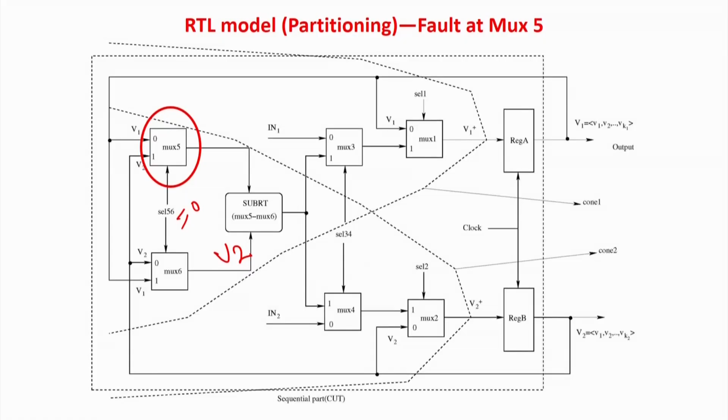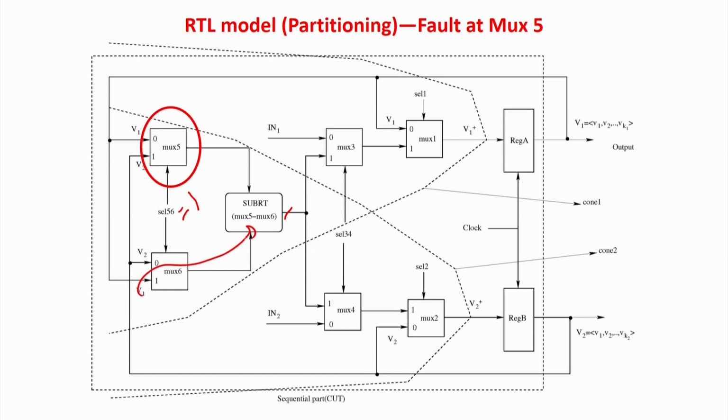Anyway, so 0 here means V1 will come as the output. Here what is going to happen? Here V1 should come, but because of the fault there is a crisscross, and this is going to come out as V2. So the answer will be V2 minus V2, which is equal to 0. That is the effect of the fault. Now if I take the other side, select equal to 1, V1 will be coming at the output.